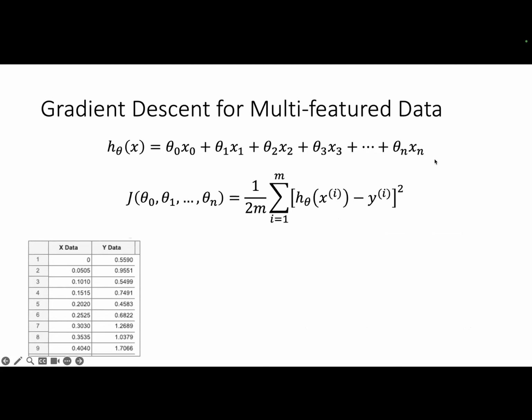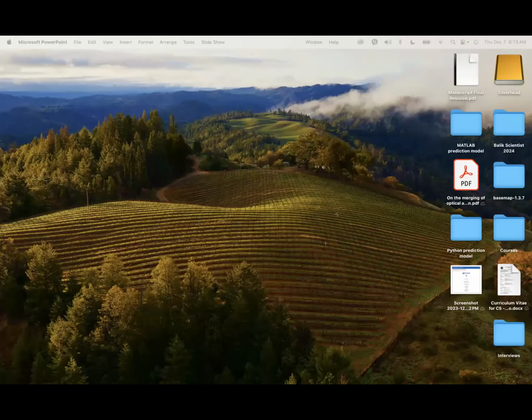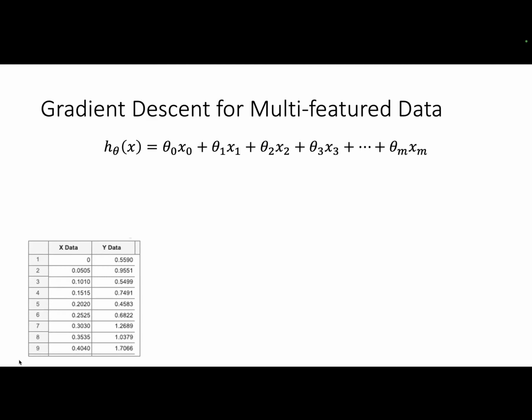Actually, for n number of rows, medyo confusing yan. So let's see, baguhin ko na ngayon para dali. Okay, so for m rows, yung m signifies the number of rows.